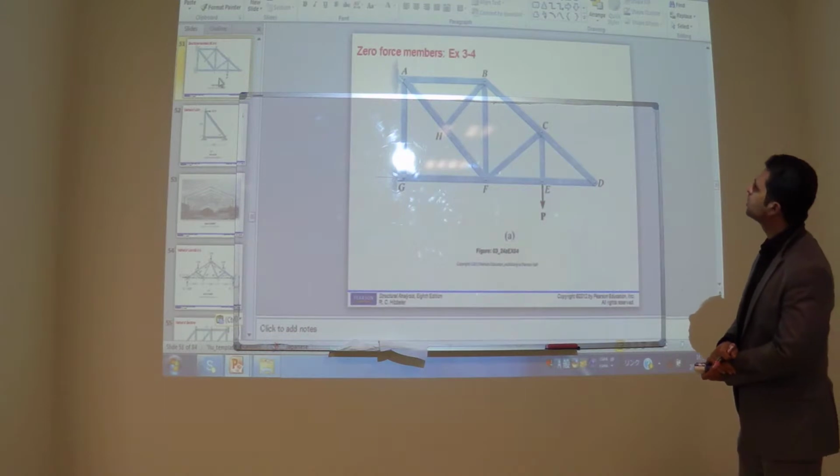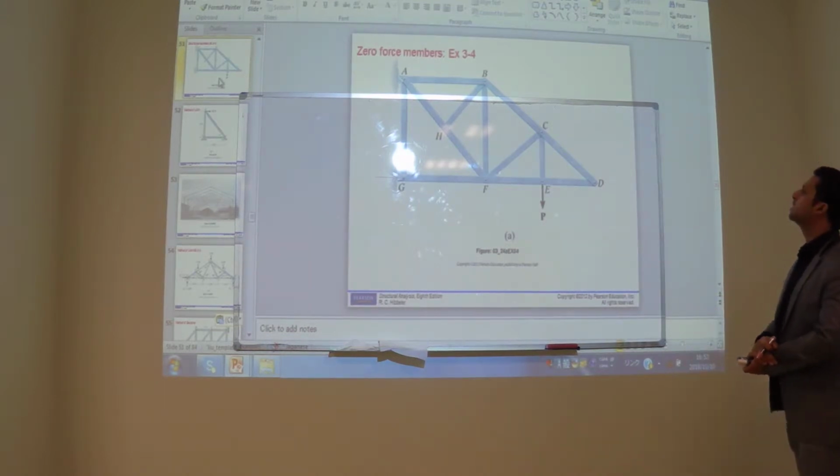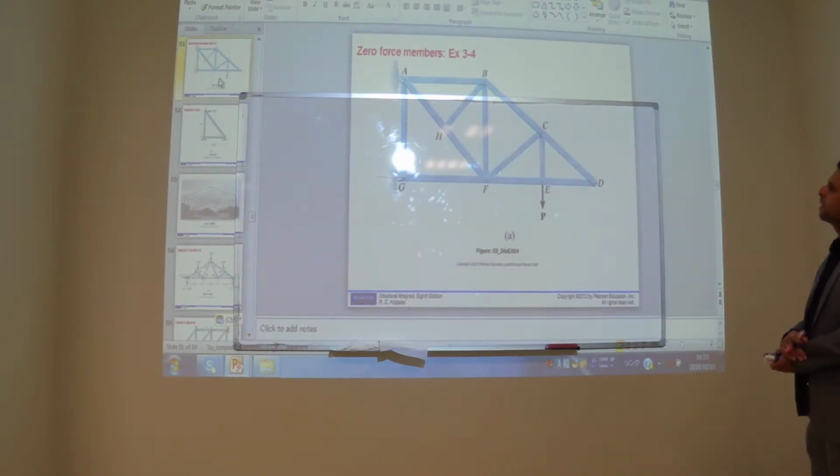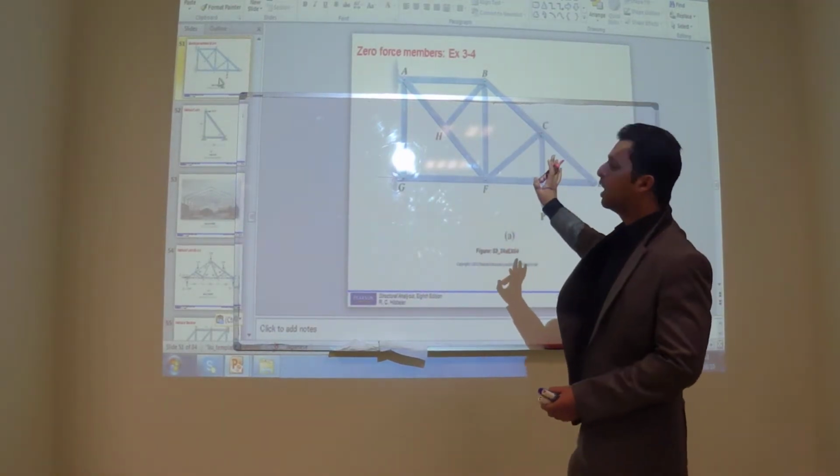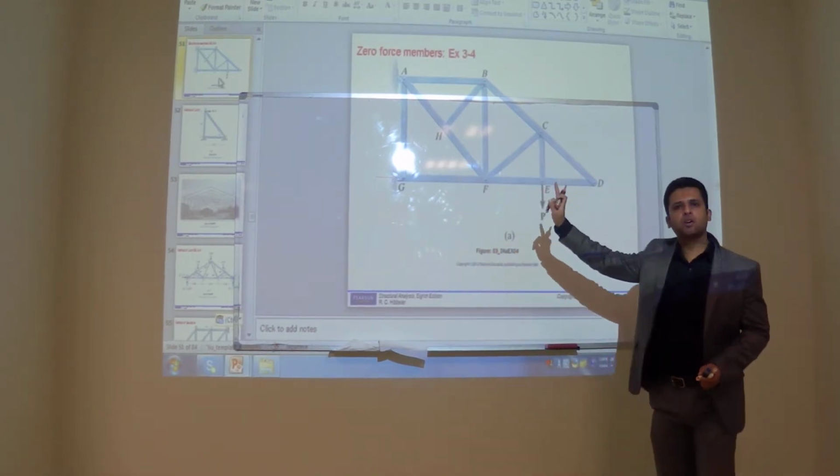And what about HB? HB is zero. No. HB is zero. How many of you say HB is zero? If member HB is perpendicular, I'm not sure it's perpendicular or not. If it is perpendicular, it should be zero.